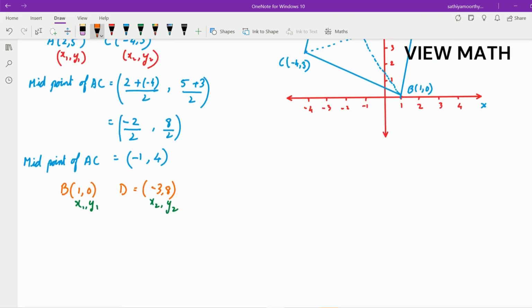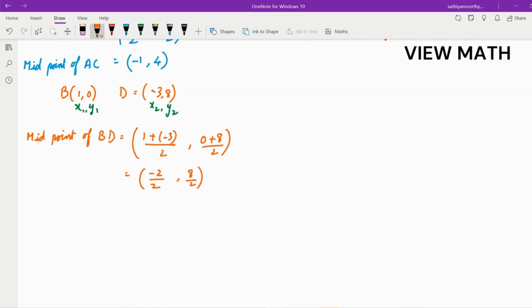Midpoint of BD is equal to (1 plus minus 3) by 2, (0 plus 8) by 2. So this is equal to minus 2 by 2, 8 by 2. If I simplify, I get (-1, 4).